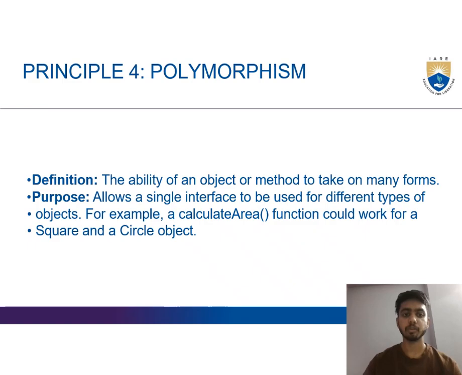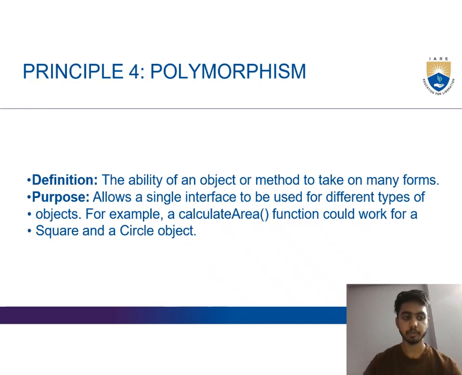The fourth principle of object-oriented programming is polymorphism. Definition: the ability of an object or method to take many forms. Purpose: it allows a single interface to be used for different types of objects. For example, a calculate area function could work for a square object and a circle object.